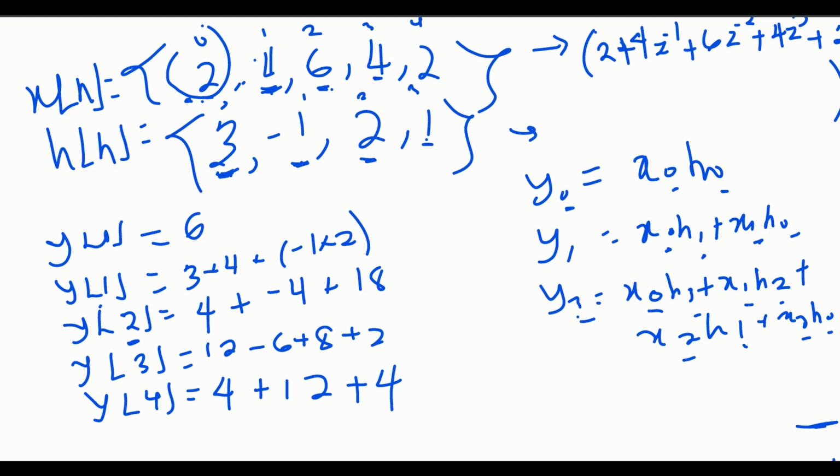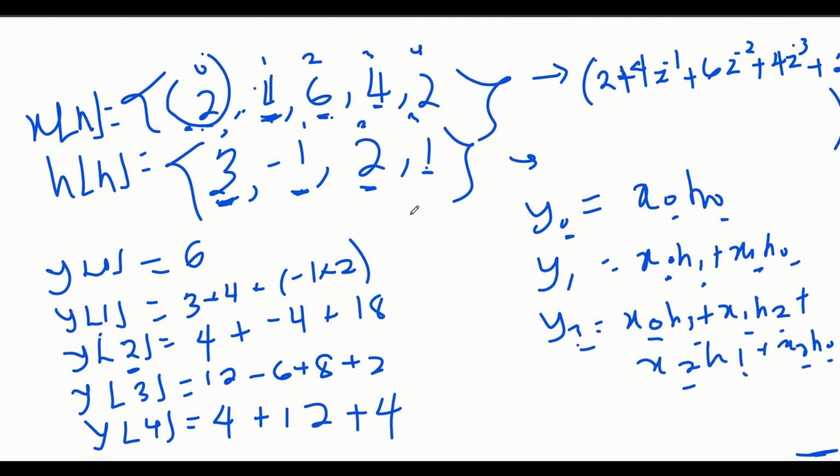Okay, so now let's pick y of 0. The only way you can get it is h of 0, x of 0. When we label our terms, this is x of 0, this is x of 1, this is x of 2, this is x of 3, this is x of 4, h of 0, h of 1, h of 2, h of 3.